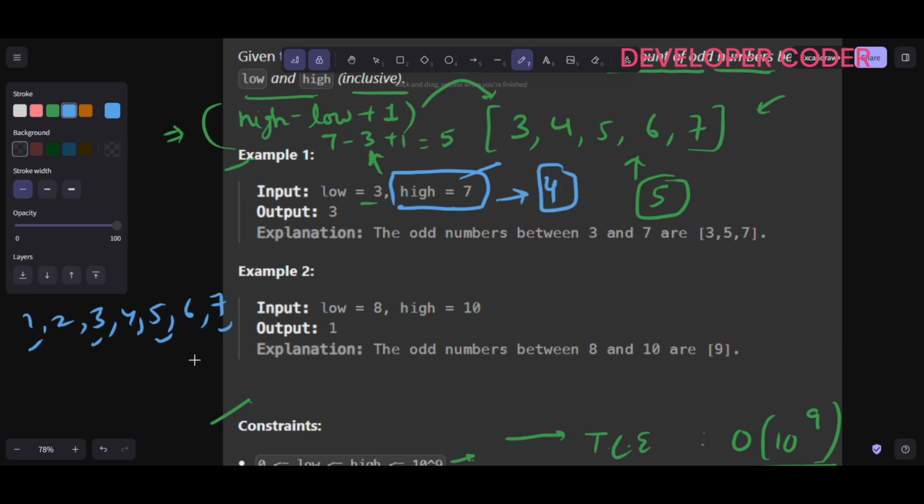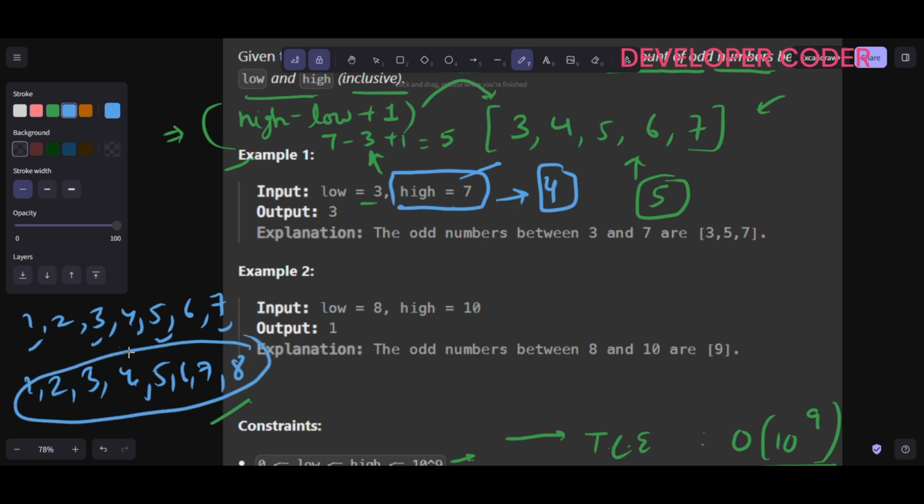And if my high is even, let's say 8, then also how many odd numbers are there? 1 2 3 and 4. Four odd numbers.